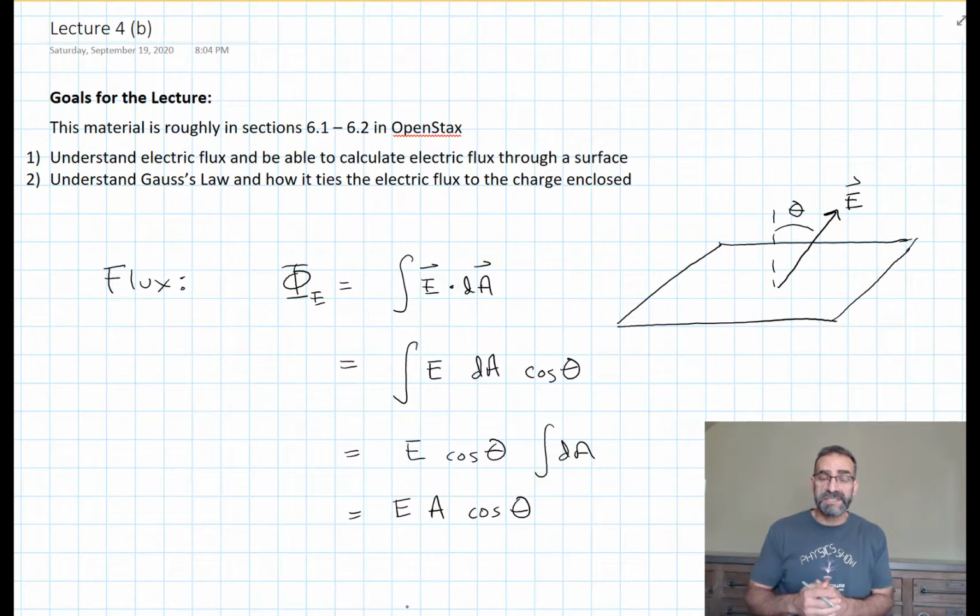under certain conditions. When the angle between the electric field and the surface is not changing, and when the magnitude of the electric field is not changing. We want to find situations where those are true. The angle is constant and the electric field is constant. Well, that occurs when you have certain symmetry in your problem.